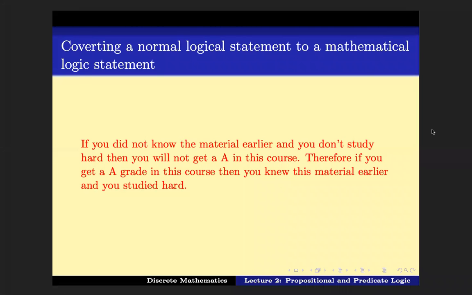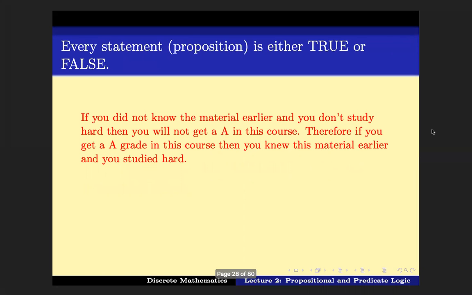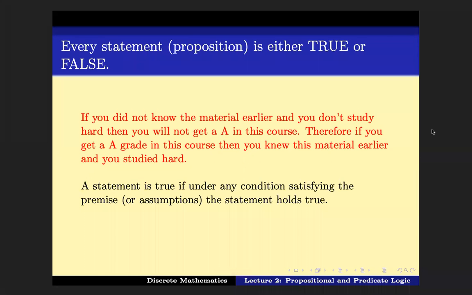Now, there's a lot of statements here. But note this statement, what does it mean? When can this statement be true or false? There are a lot of small basic propositional statements in it.